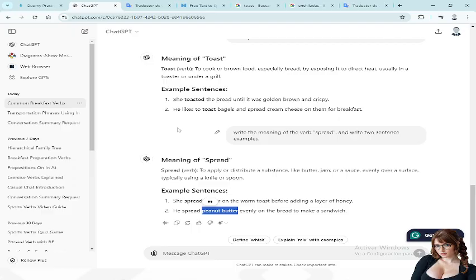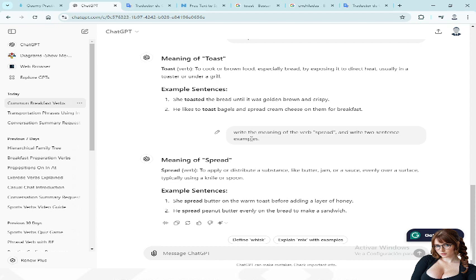Remember that we are using artificial intelligence to learn or increase our vocabulary. We asked ChatGPT for a list of verbs that we usually use when we are preparing breakfast, or when someone else is preparing his breakfast. After that, we ask ChatGPT about the meaning of the verb, and we get two sentence examples to understand very well the meaning of the word.